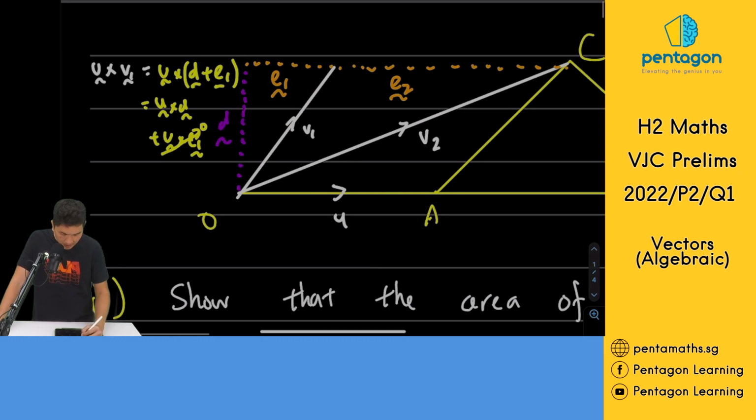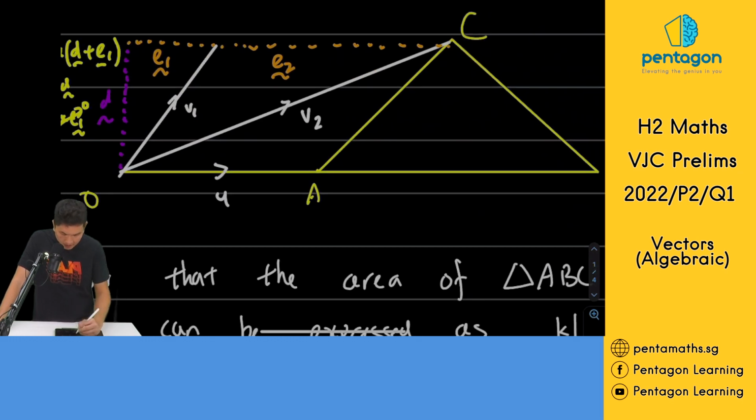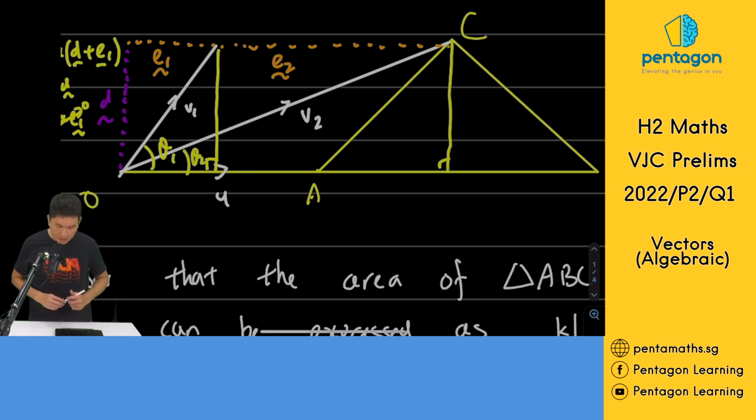Sorry for drawing more lines, but if I drop a vertical line here, and this is theta 1, what is sine theta 1? Sine theta 1 is opposite over hypotenuse, and you're actually looking at the opposite side, which is the height. So when you cross U with V1 or V2, it is exactly the same.